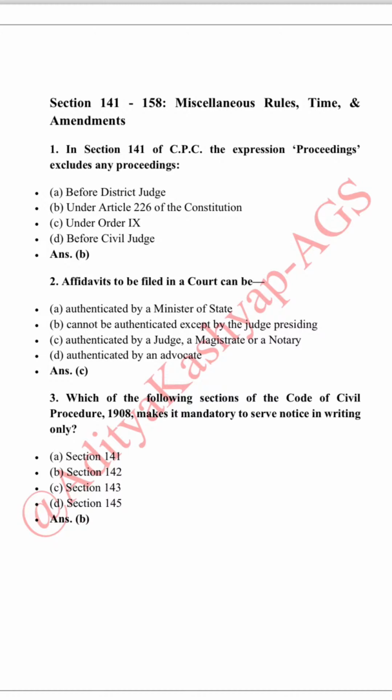So this proceeding does not include proceedings under Article 226 of the Constitution, which states writs under the High Court. So this will not be included under the expression proceeding mentioned under section 141 of CPC. So this is the first question.